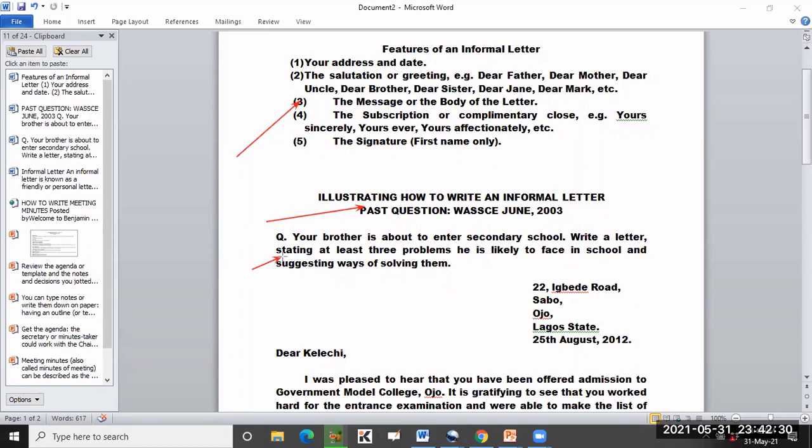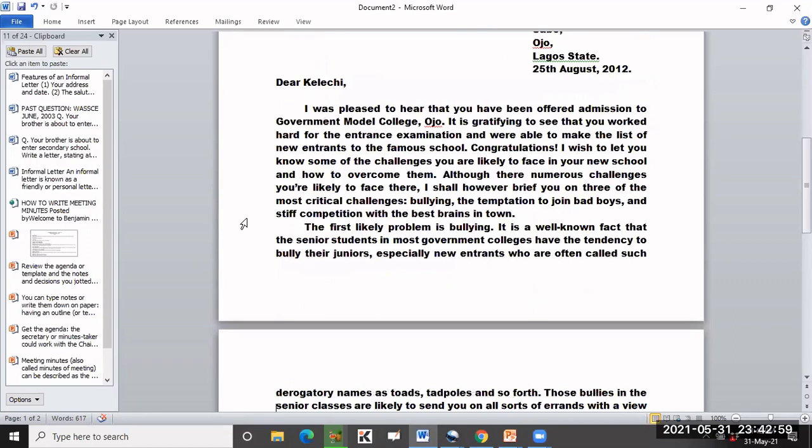Write a letter stating at least 3 problems he is likely to face in school and suggesting ways of solving them. So let's look at how we can write this letter in order to score maximum points in the exam.